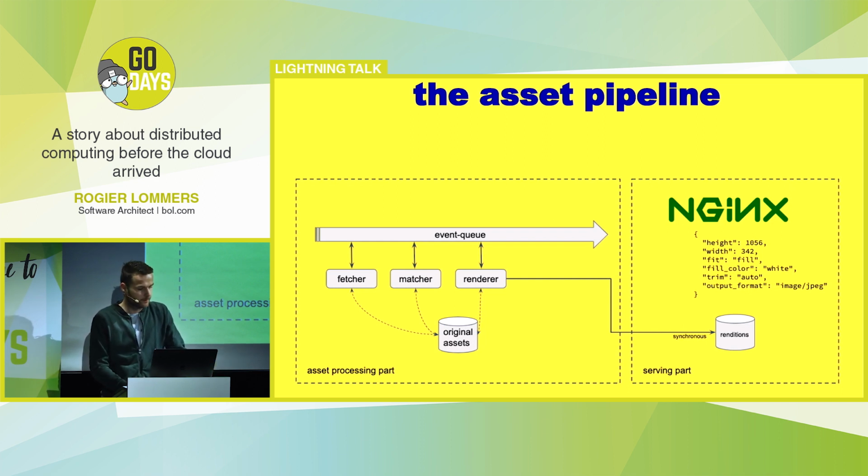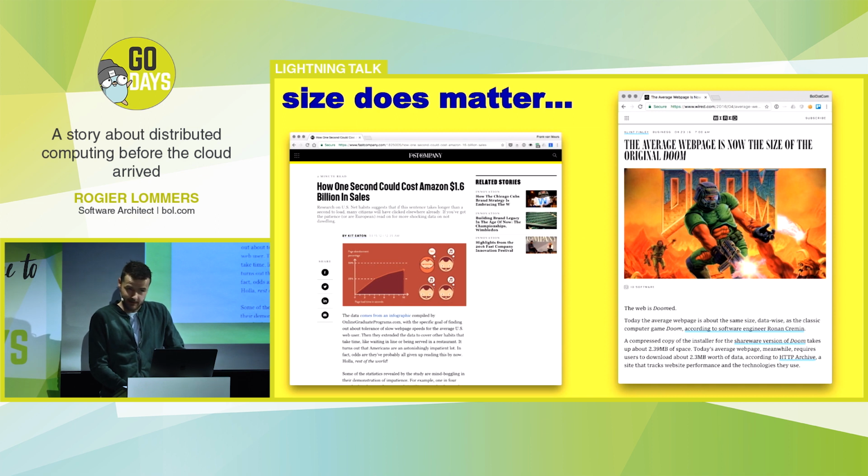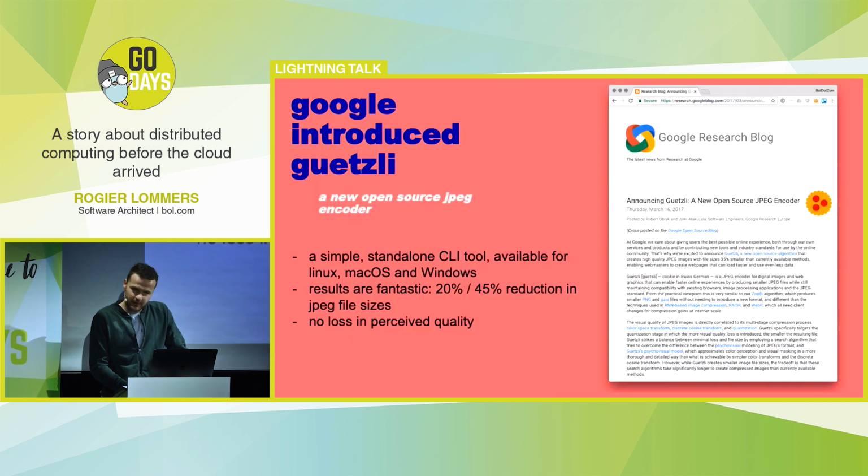So far, so good. Then, one day, I read a few articles about web page sizes, about how they really affect the customer journey, and in the end, of course, sales. So the smaller the site, the bigger the revenue. During that same period, Google introduced Guetzli.